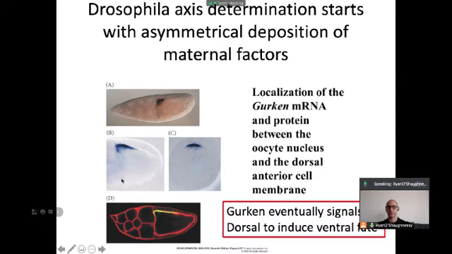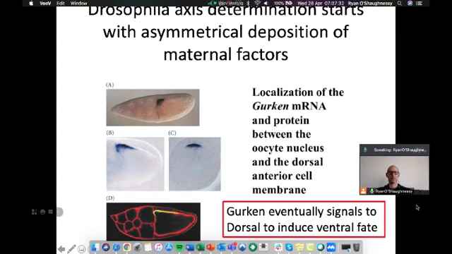And we can see if we cut cross sections through this where the RNA is deposited between the oocyte nucleus and the dorsal anterior cell membrane. So this region here, we can see dorsal, and this end is the anterior end of the developing oocyte. And it's this gene Gurken that eventually signals to that protein we've mentioned previously in lectures called dorsal, and this induces ventral fate.